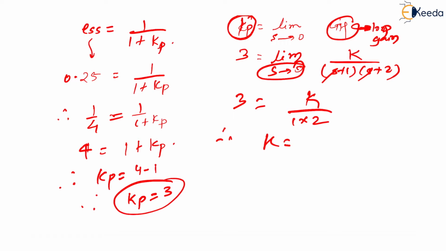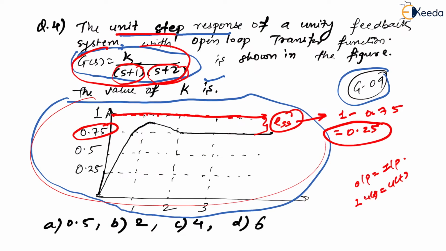So you get K equal to 3 into 2, since 1 into 2 is 2. If I send this 2 here, I get 3 into 2. Therefore I get K equal to 6, which means the answer is option D, which is 6. Correct? Very easy problem, but you will have to be a bit observant on it. Okay. Now let us see some more problems.